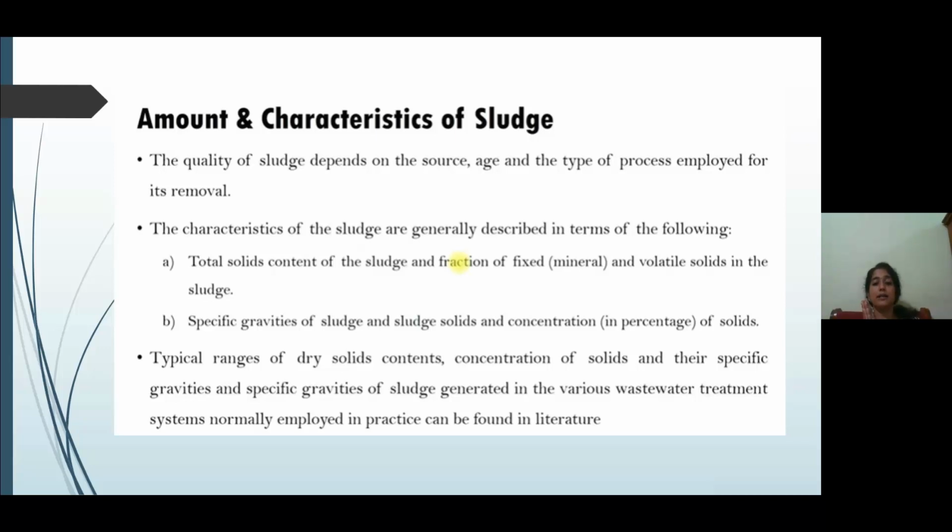Typical ranges of dry solid contents, concentration of solids, and other specific gravities of the sludge generated in the various wastewater treatment systems normally employed in practice can be found in literature.